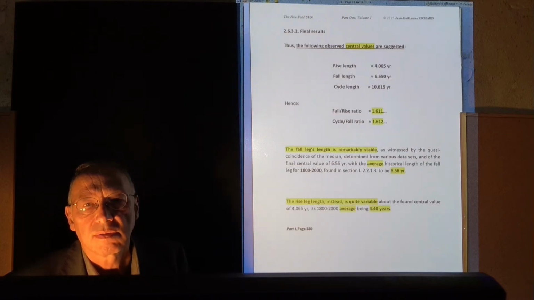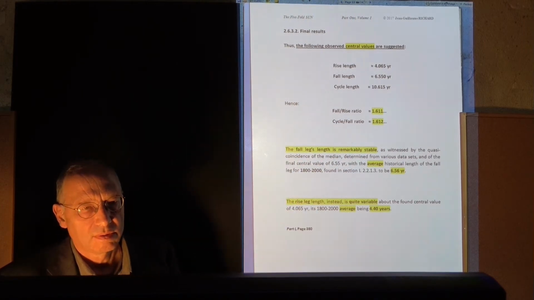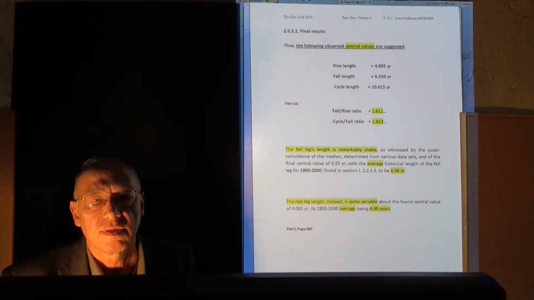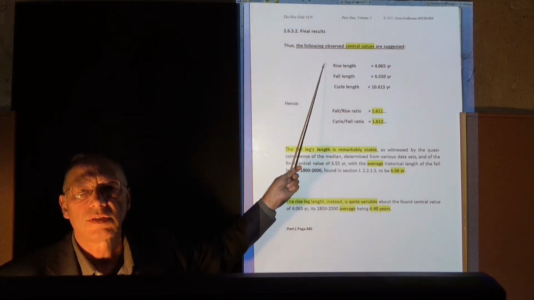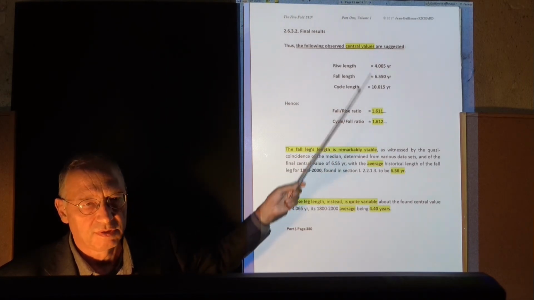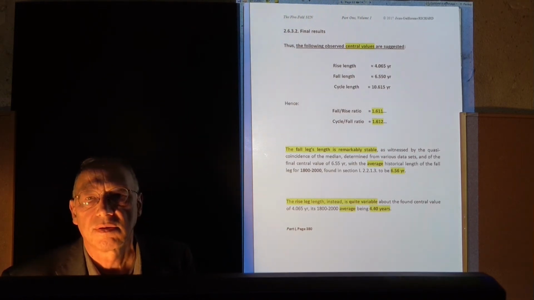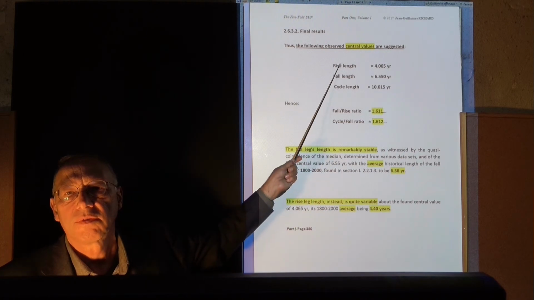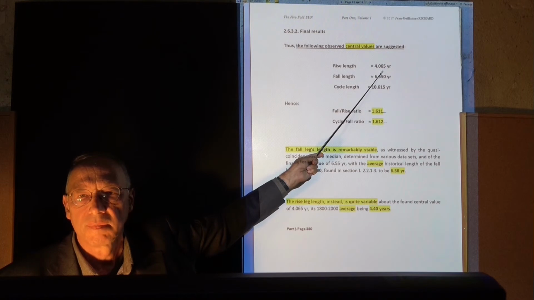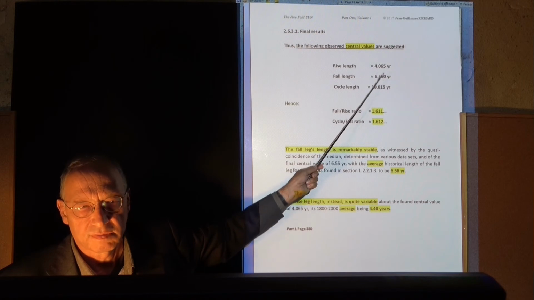When we consider now a combination of the results from the two procedures, we have the following suggested central values for the observed, of course, lengths of the two legs of the solar cycle. For the rise length, 4.065 years, and for the fall length 6.550 years.